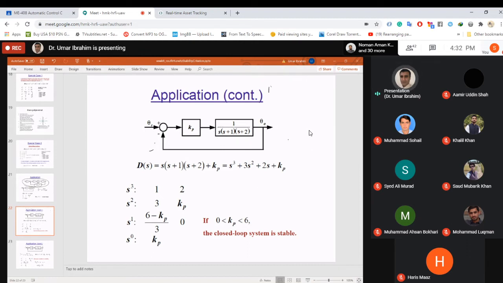So step number 1, find T of S, which is the closed loop transfer function of the system. ठीक है? To make the Routh stability table.